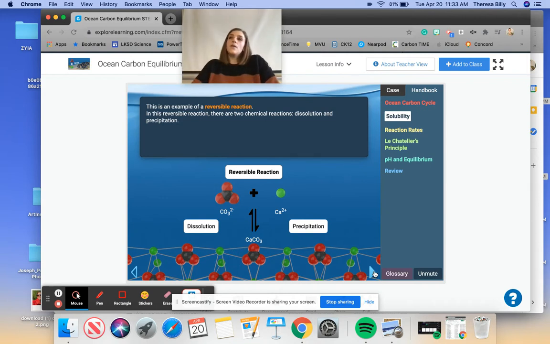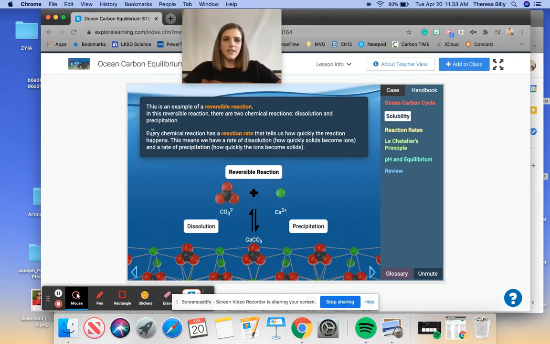Now, coming back to the idea of reversible reactions and equilibrium, and now we've got these two other processes that we can name. How does that all work together? Dissolution and precipitation are in balance, all right? That is an example of a reversible reaction. Every chemical reaction has a reaction rate that tells us how quickly the reaction happens.